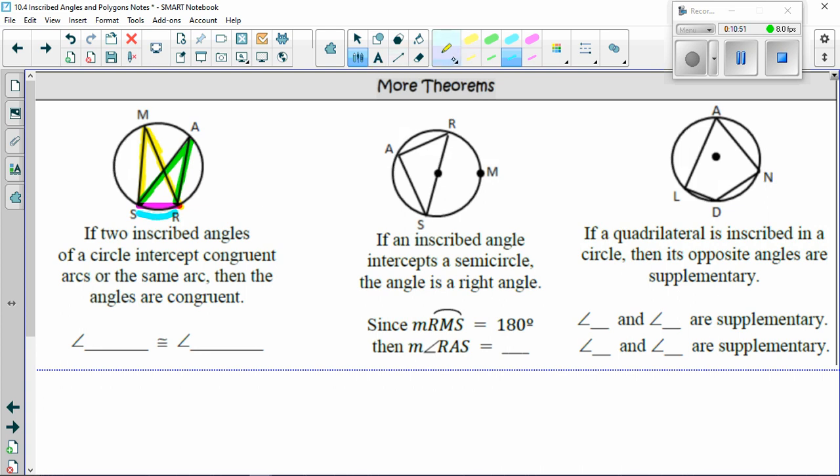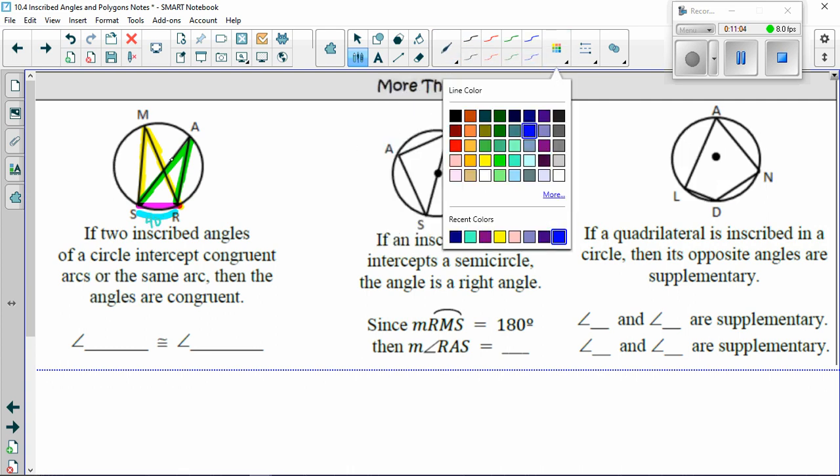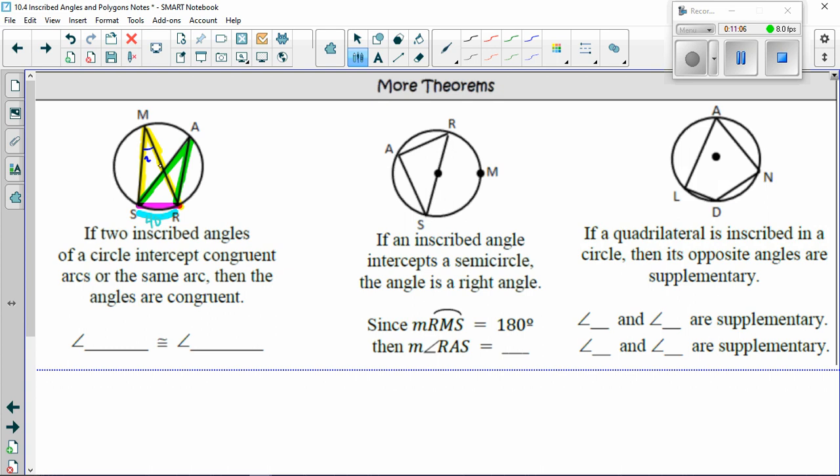Let's say this arc was 40 degrees. If this arc is 40 degrees, then this angle is 20 because it's half. Well, if this angle is using the exact same 40-degree arc, then that makes this one 20 also.